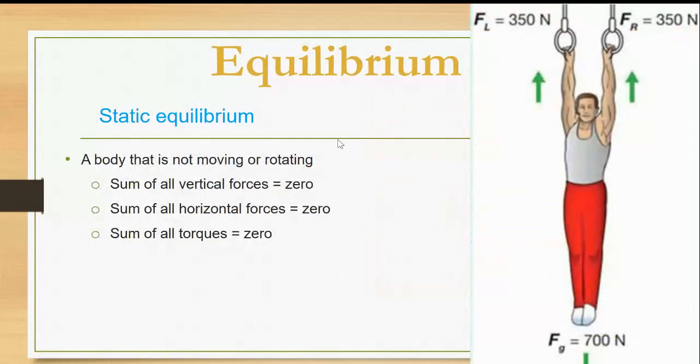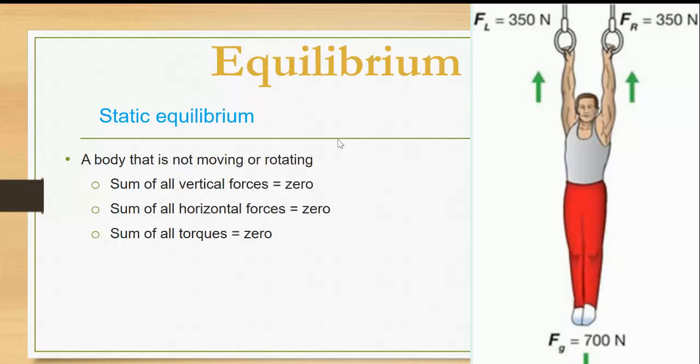Okay, you can see another example here with a gymnast hanging from the rings. The forces that are acting upwards would be the gymnast's left and right arms, which are holding them in place. And that is 350 newtons per arm, where the weight of the gymnast and gravity affecting that is 700 newtons downwards.